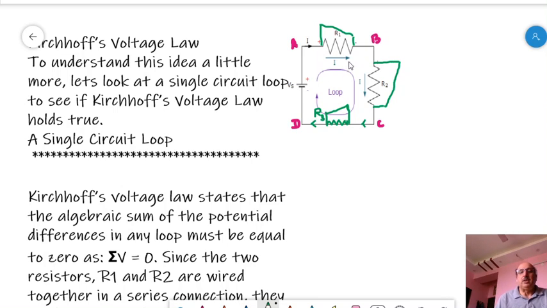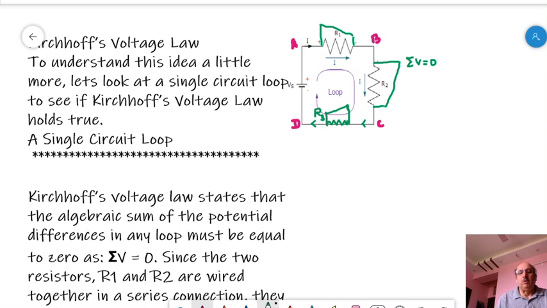Now, Kirchhoff's voltage law states that the algebraic sum of the voltage, that is sigma V, is equal to 0 on a complete loop, right?